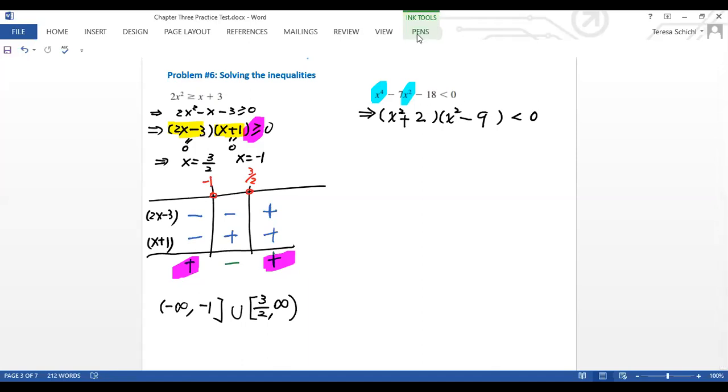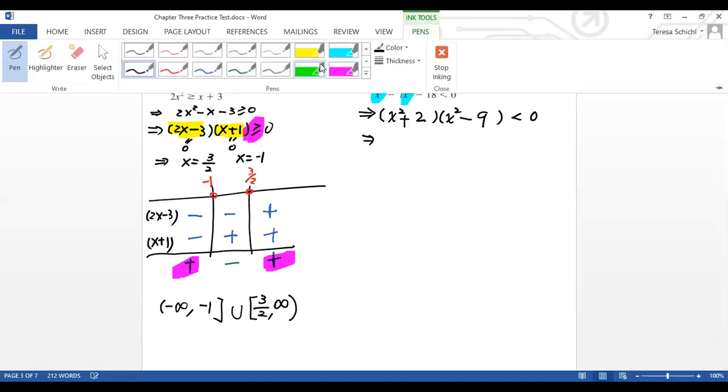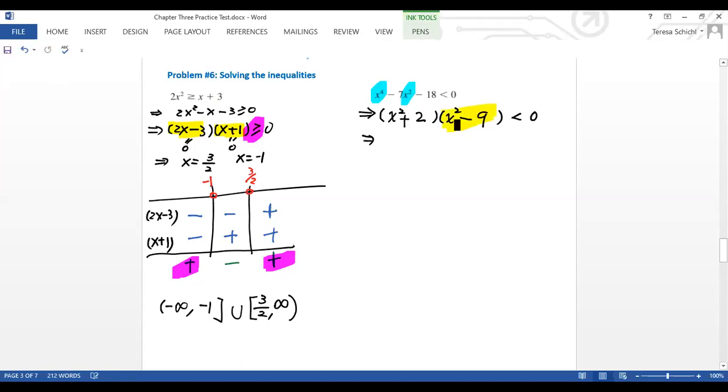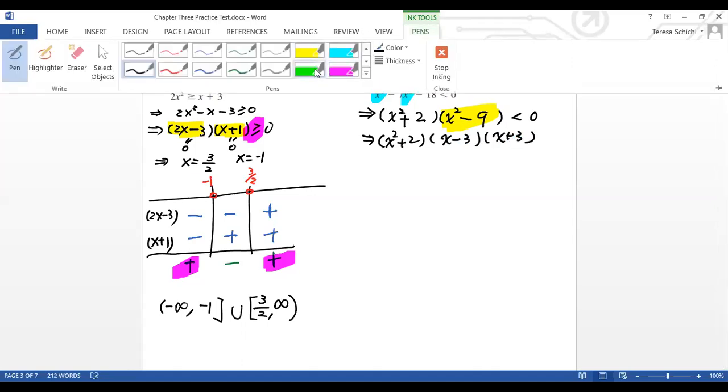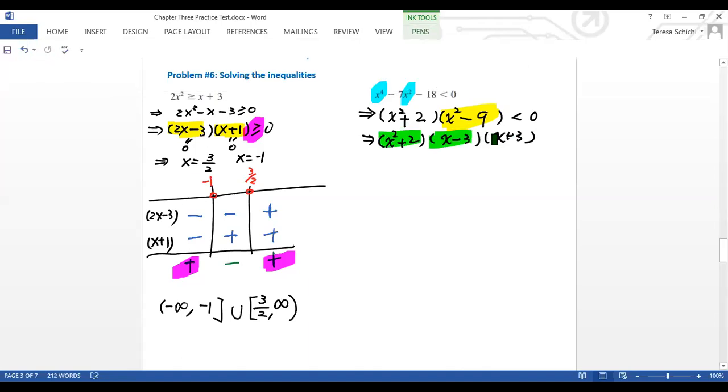Okay, so now continue. Remember in chapter 1, we said this is such an important factor, right? It's a squared minus b squared. So we will have x squared plus 2, then x minus 3, x plus 3. Then we set all this equal to 0 and find the solution.